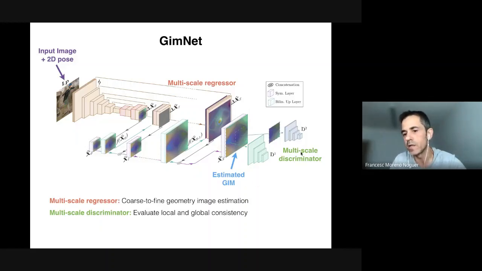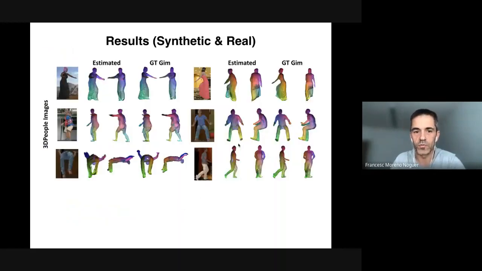And interestingly, we also had what is called a discriminator that checks if the generated geometry image is plausible or not based on different examples that we have, right? And this discriminator works at different scales. We check the consistency at the global scale and at local scale. And I'll jump to the results.